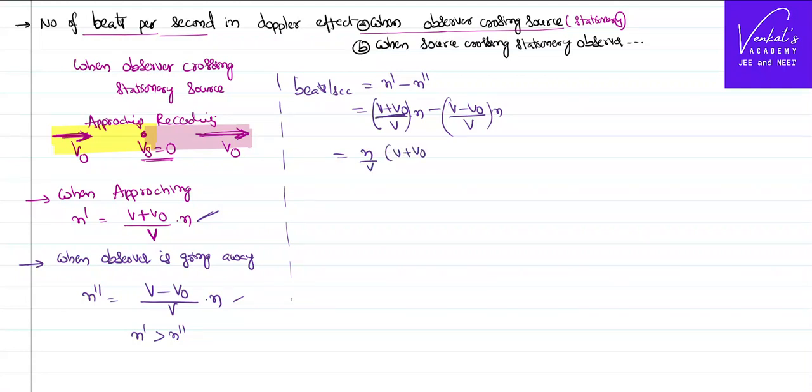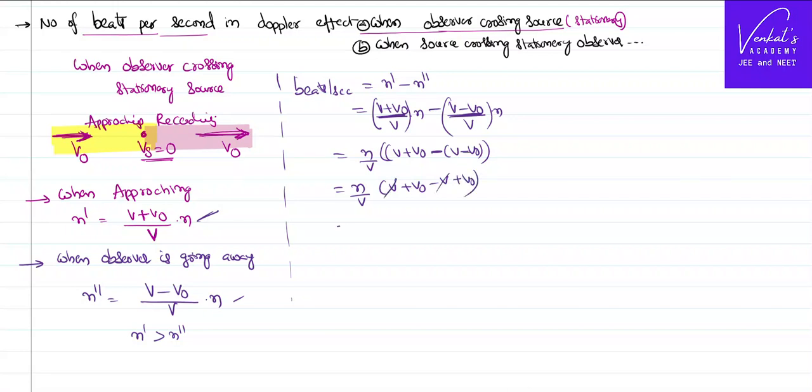So (V plus VO) in the first term minus (V minus VO) in the second term. That is equal to N by V of V plus VO, and the minus: minus V, minus of minus becomes plus VO.